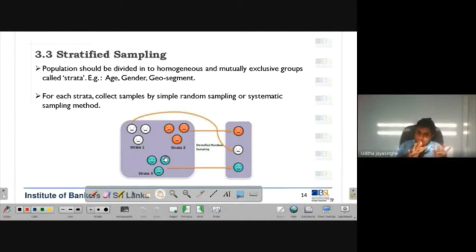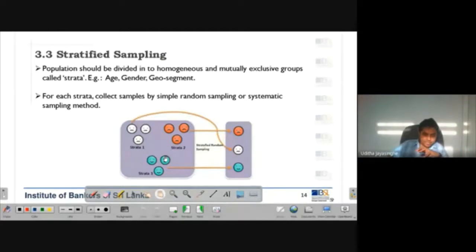Once that is done, quota sampling, a non-probabilistic method, will try to choose items from those groups based on the quota defined by the researcher. The quota can be anything. It could be a scientific methodology, it could be a preferential methodology, no harm. So it's a quota.